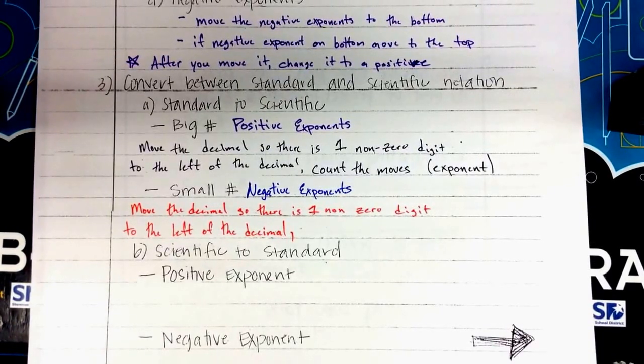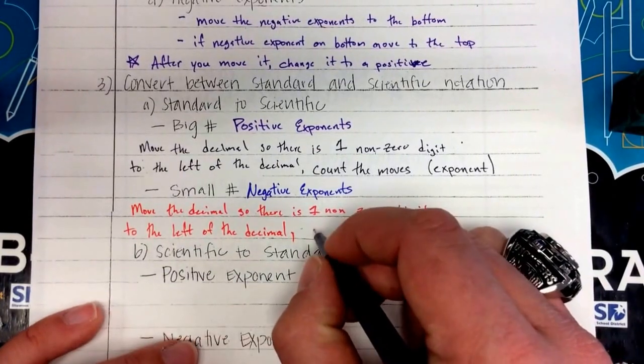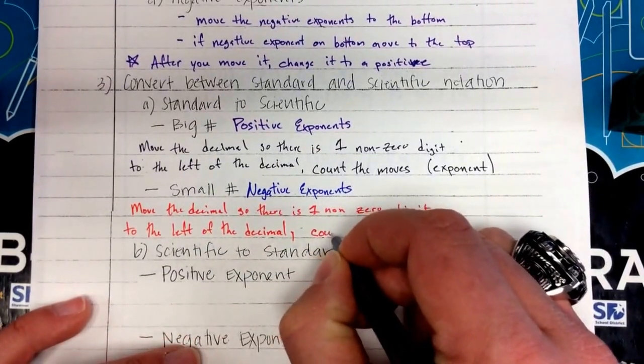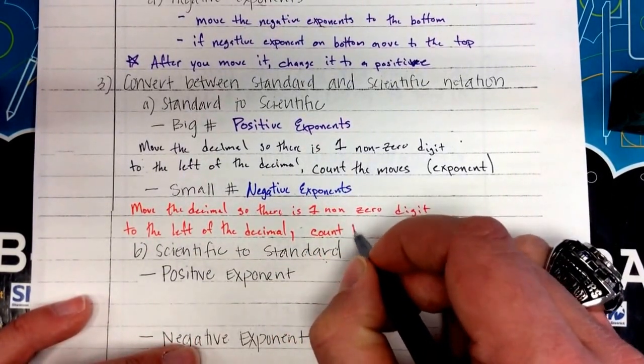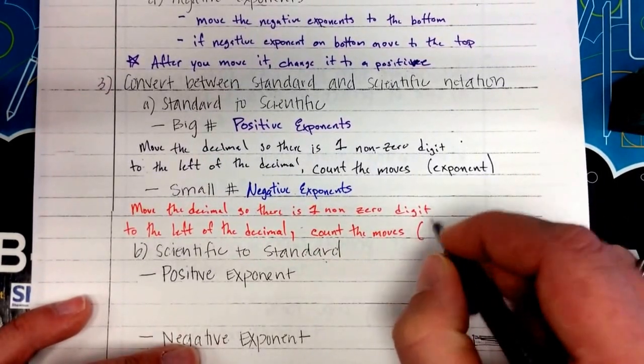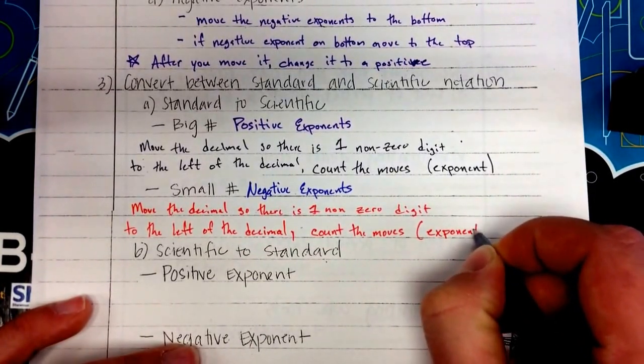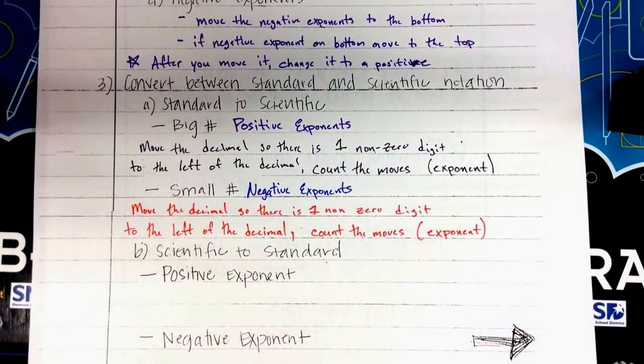And once again, when we're counting our spaces, what does that number now become? The exponent. So count your moves of the decimal, and once again, that is your exponent.